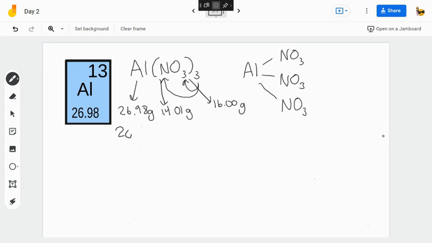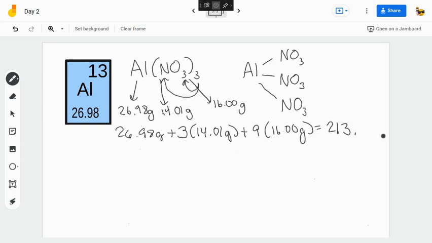So we have 1 aluminum at 26.98 grams. We have 3 nitrogens at 14.01 grams. And we have 9 oxygens at 16.00 grams. For a molar mass of a whopping 213.01 grams.